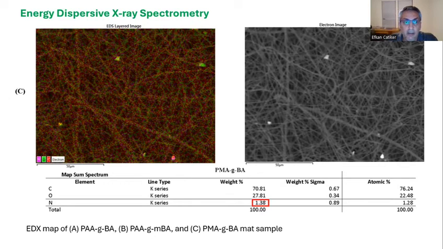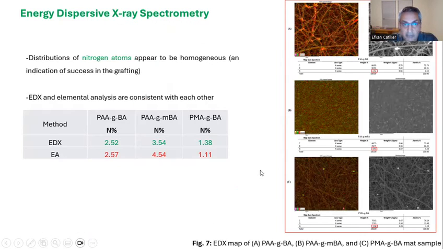The results obtained from EDX analysis are compared with the elemental analysis here. As shown, they are very close to each other for three types of graft copolymer.